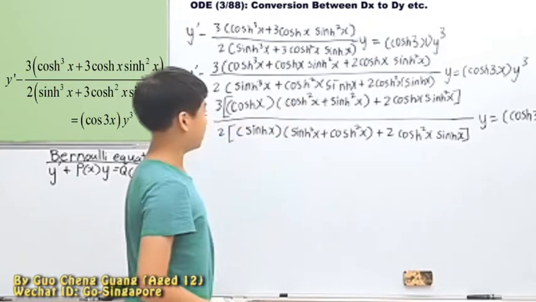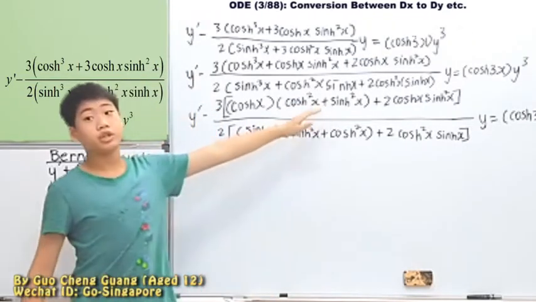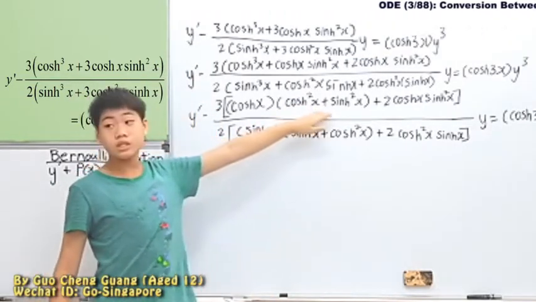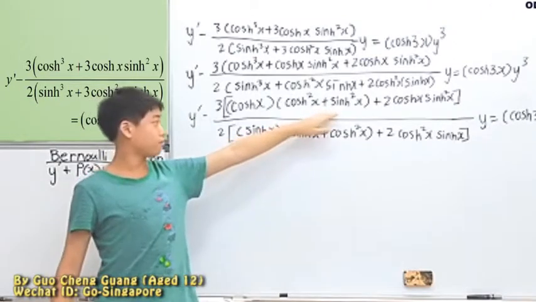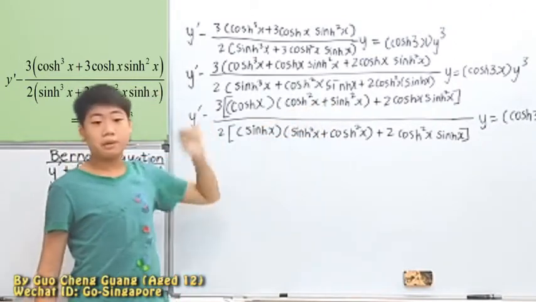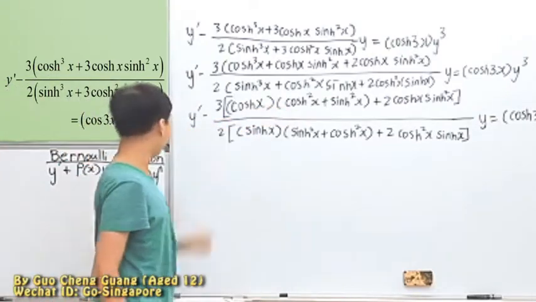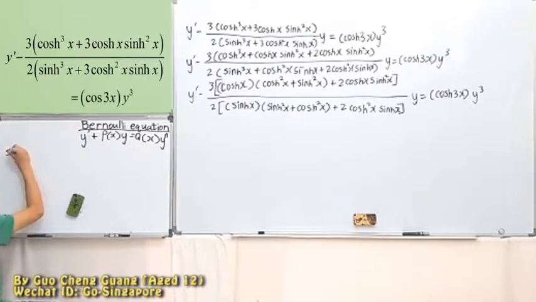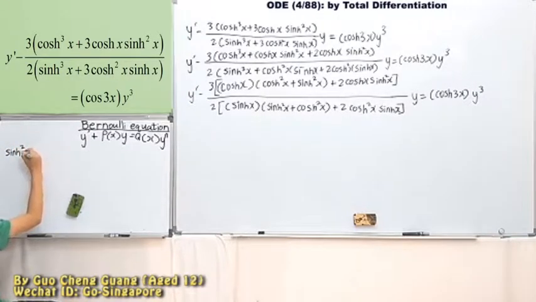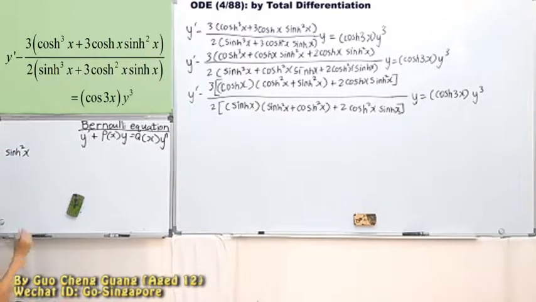Then next from this part, now in the trigonometry, you do see something similar. Sine square plus cosine square. Now in this hyperbolic of this trigonometry, you also have something. You have the square of hyperbolic sine x plus the square of hyperbolic cosine x.